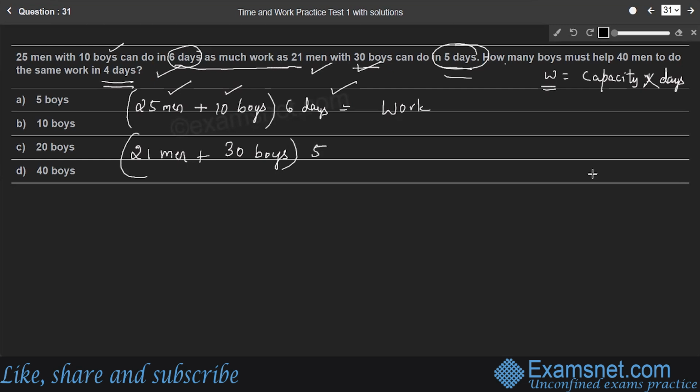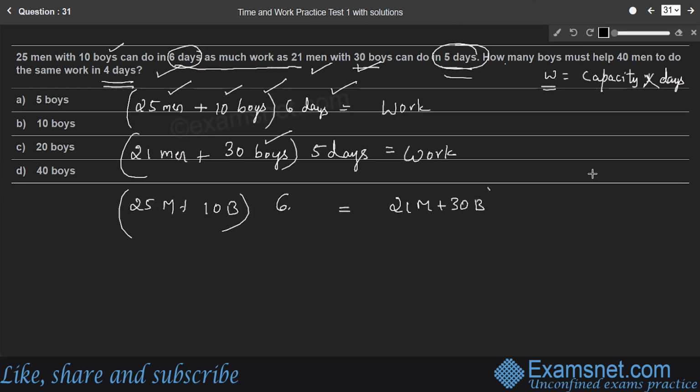Therefore, can we equate both LHS parts? Therefore, 25 men plus 10 boys into 6 is equal to 21 men plus 30 boys into 5.